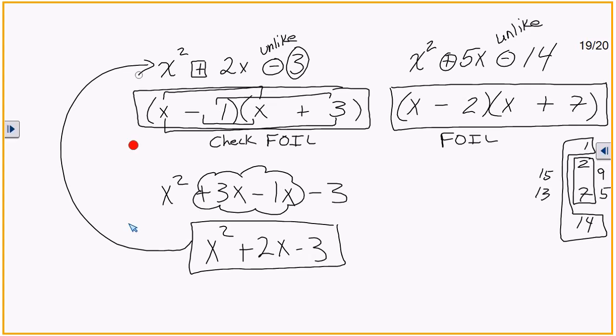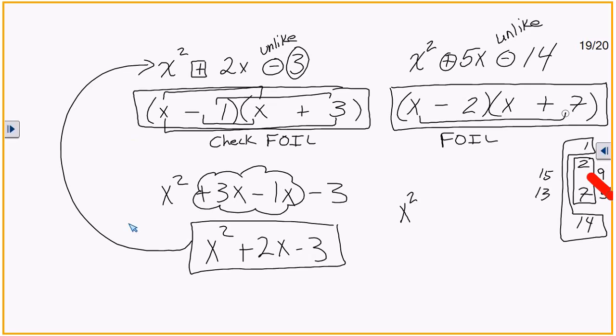So, you should now check the second one and see if you come out with x squared plus 5x minus 14. So pause the video and check that one. Now let's try. x times x is x squared.